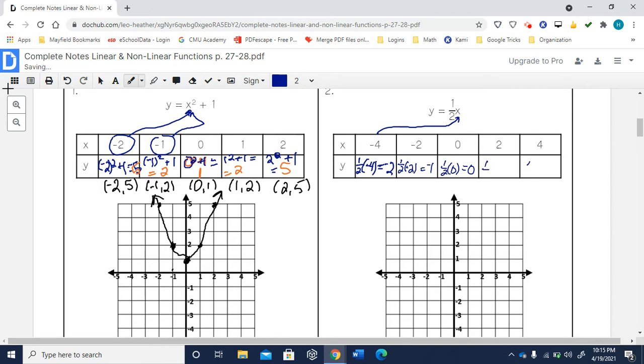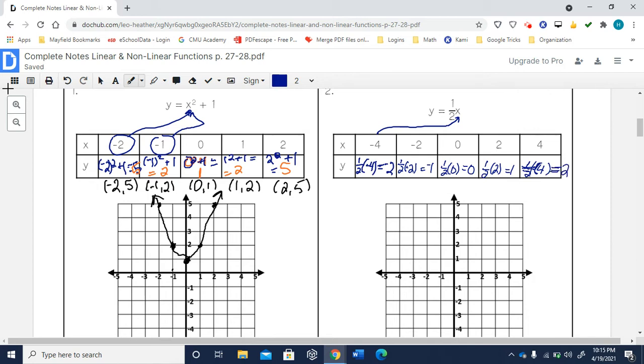This is my first time using DocHub to do this, and I actually think I prefer Kami for this. So half of 4, which equals 2.